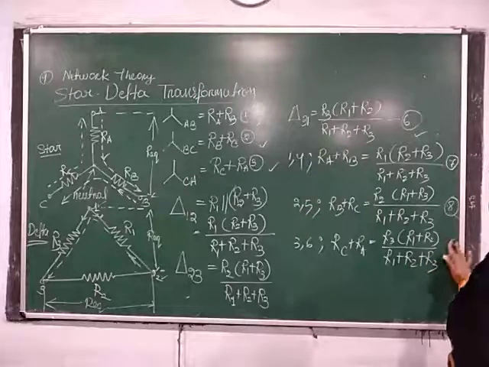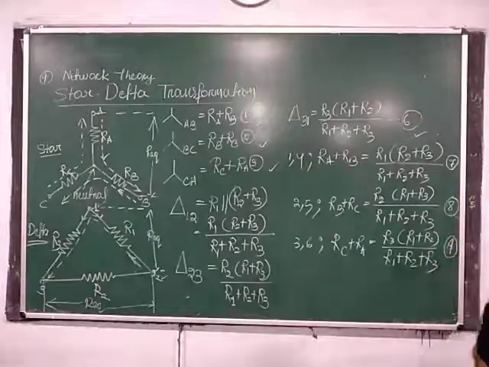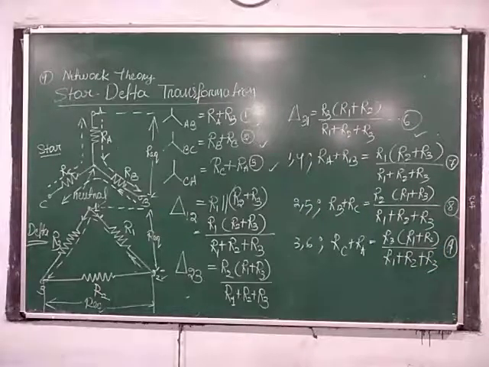Take it as equation 9. Equations 7, 8 and 9 show that the equivalent resistance between any two terminals, whether connected in star or delta, is equal.